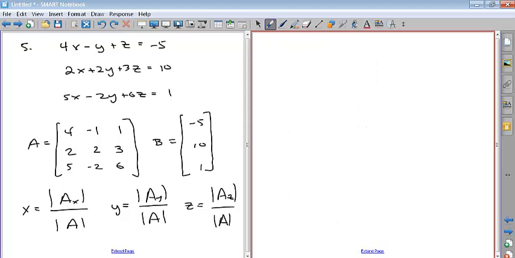So I'm going to next do A sub x. So what that is I'm going to replace the first column with the values in the B matrix, and then I'm going to leave everything else the same. So the last two columns stay the same.